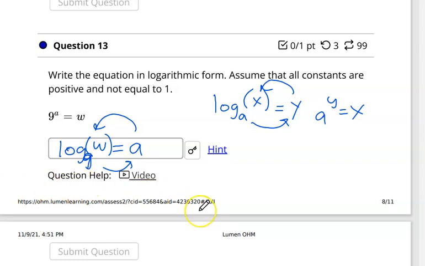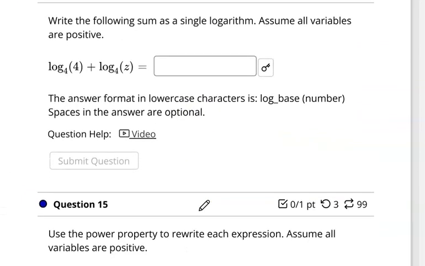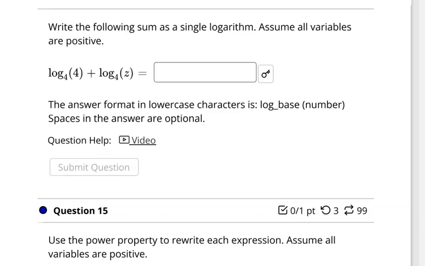Now we have the product rule. There's two possible answers. Some recognize log base 4 of 4. We know that that's 1, which is, I thought, a good observation, and plus log base 4 of z. I would take that as a correct answer.